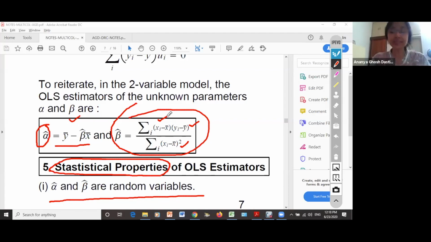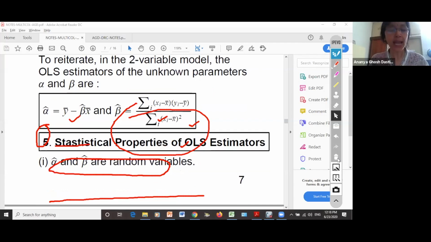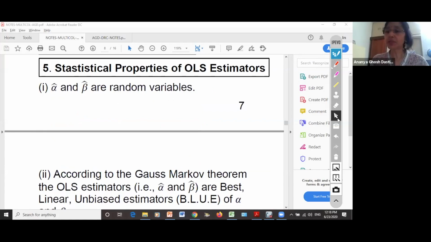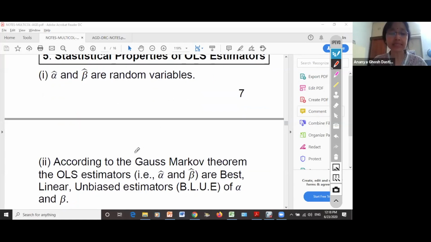So as I said, this is at the heart of understanding the statistical properties of the OLS estimators, which are formally called the Gauss-Markov Theorem. So a statement of the statistical properties of the OLS estimators is known as the Gauss-Markov Theorem. Okay. And what does the Gauss-Markov Theorem say? It says that alpha hat and beta hat are pretty cool. They are BLUE.